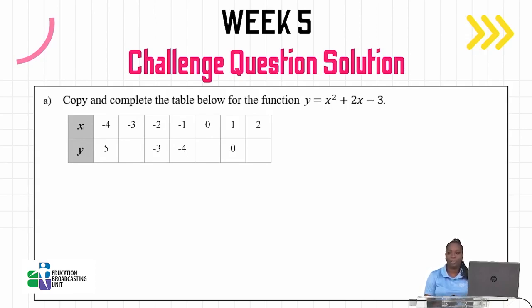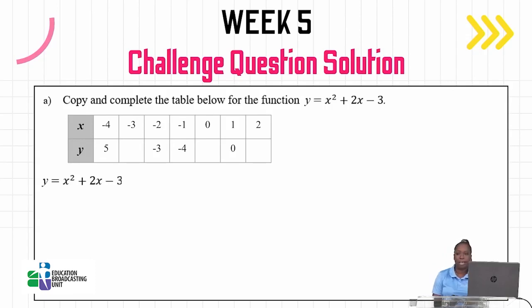So the first value is -3. And so the first thing we're going to do is to rewrite the equation. And remember that instead of it saying y, it could also be f of x or f of the particular value that we're going to be substituting in. And so wherever we see x, we are going to replace x with -3.